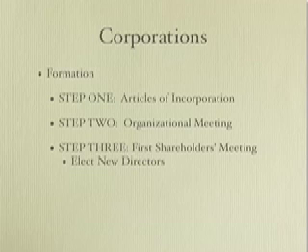So that's the formation process. Once you get to that point and you have everything you need filed with the state, you have your bylaws in place, and you have your shareholders meeting and you have a board of directors seated, you're good to go.